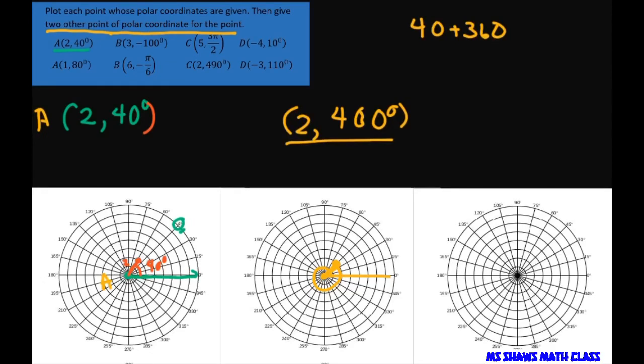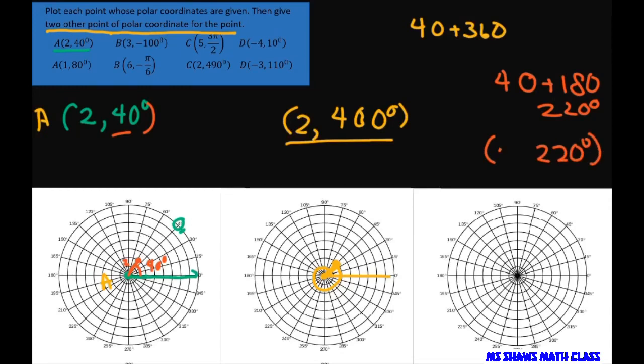All right, another way to do it is to take -2. So in that part we haven't talked about. So basically, if you take your 40 and add 180, you get 220 degrees. So let's go to 220.